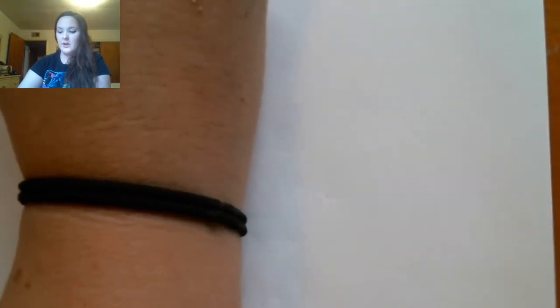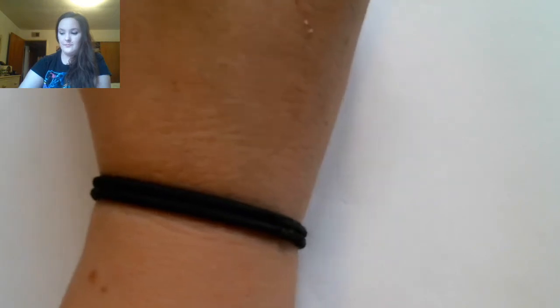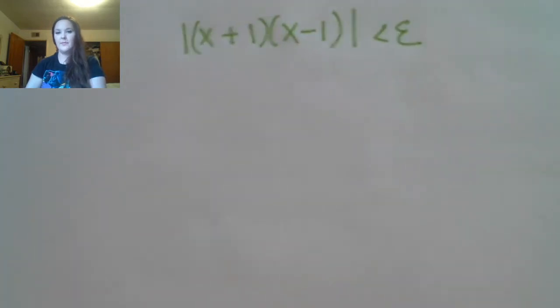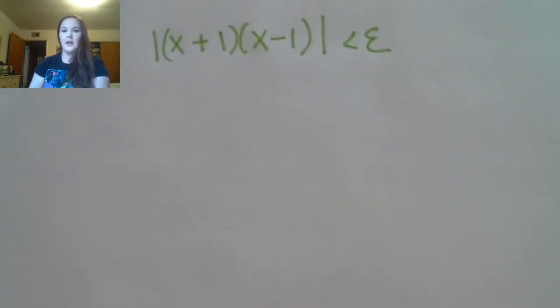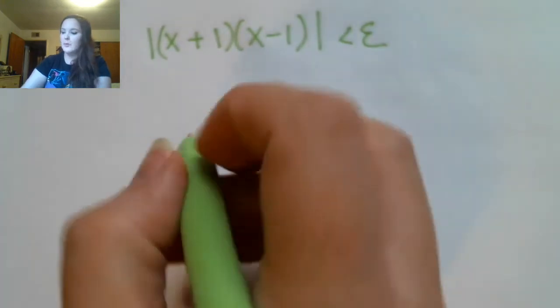So back in the original thing, we were at this point. Now we're going to use that property of absolute values to split up this product.